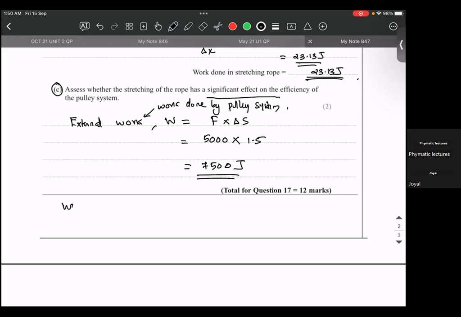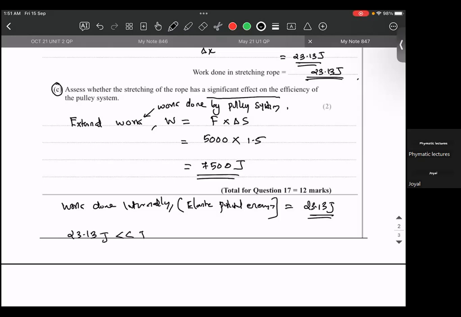And what is the work done internally, or elastic potential energy? That is 23.132. So we can say that 23.13 Joule is very, very less compared to 7,500 Joule.